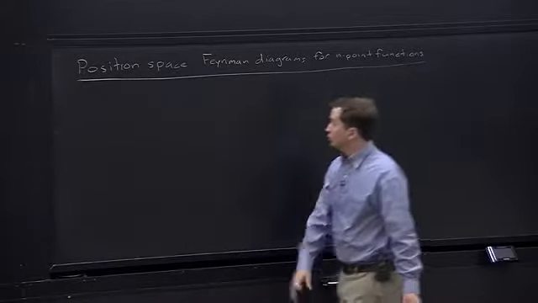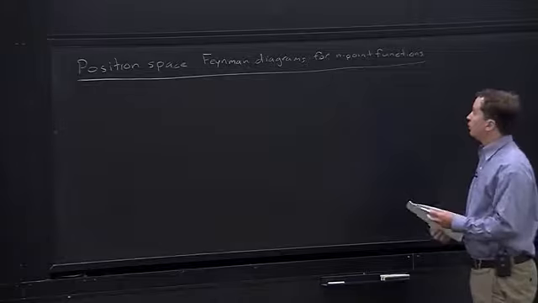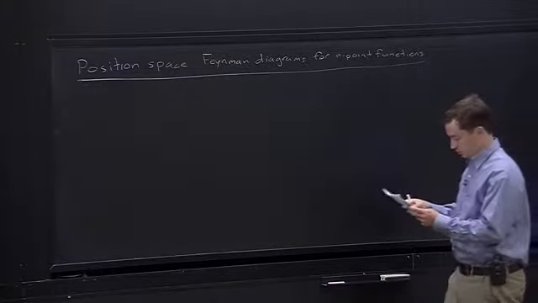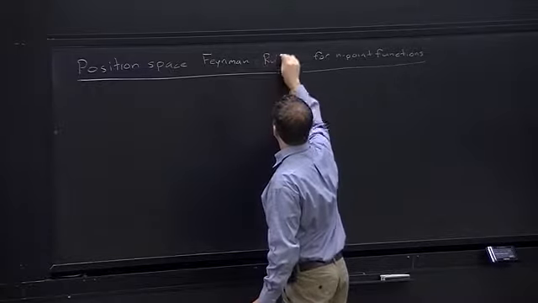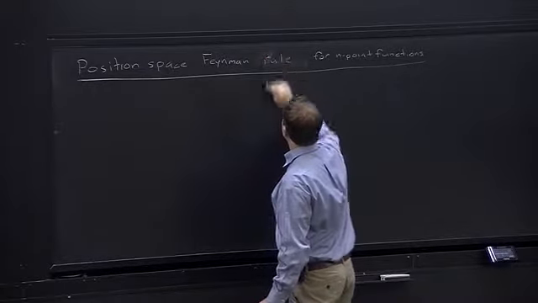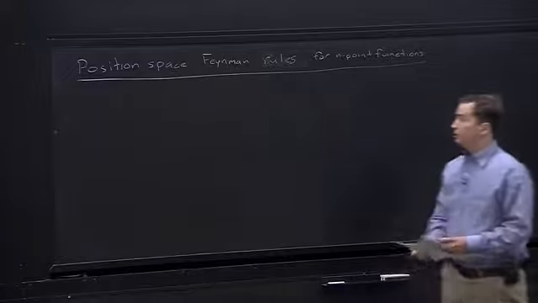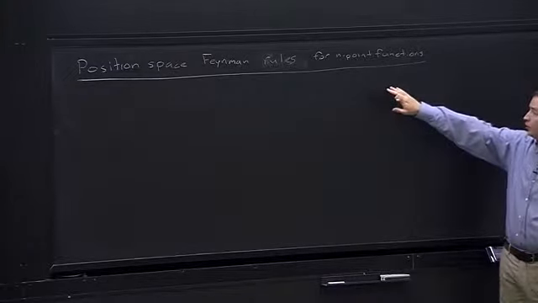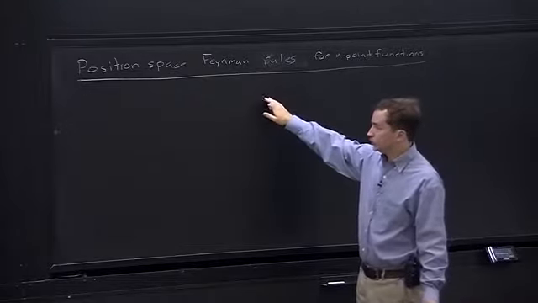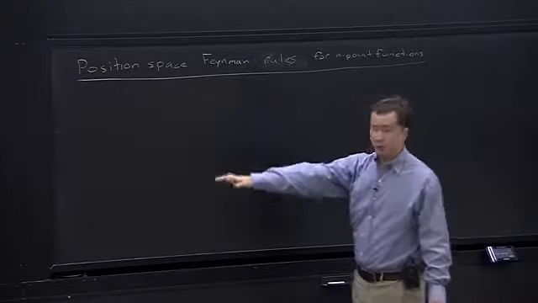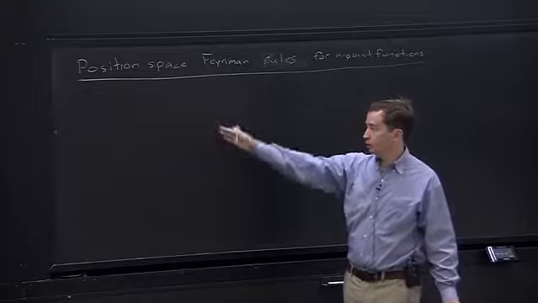Okay, so here, rules. So this is our first set of Feynman rules, which are a set of procedures for going backwards from diagrams to expressions.